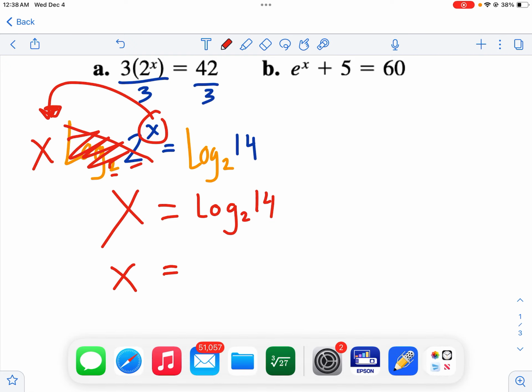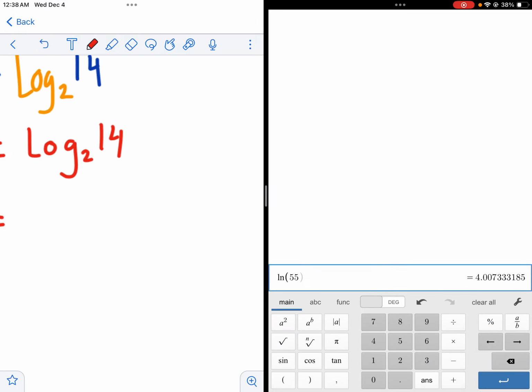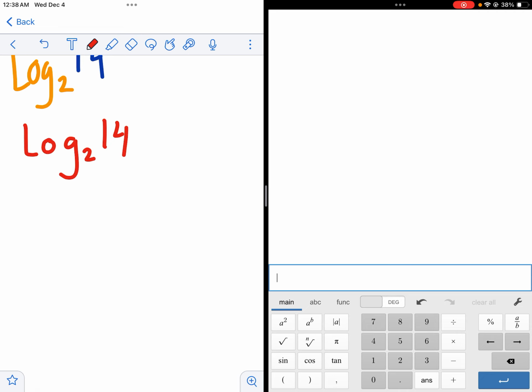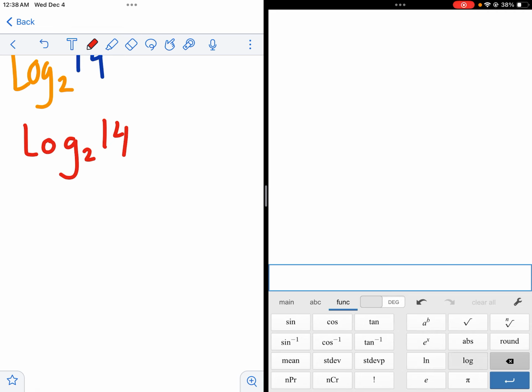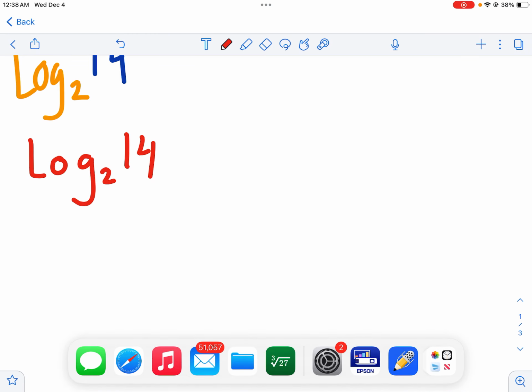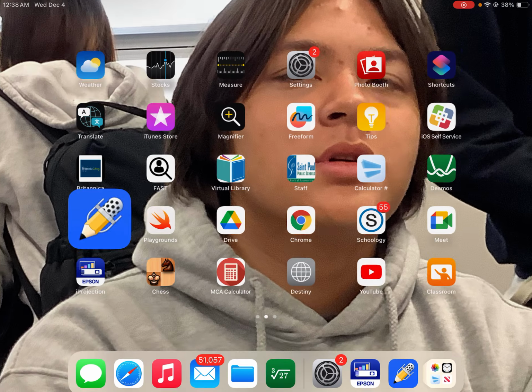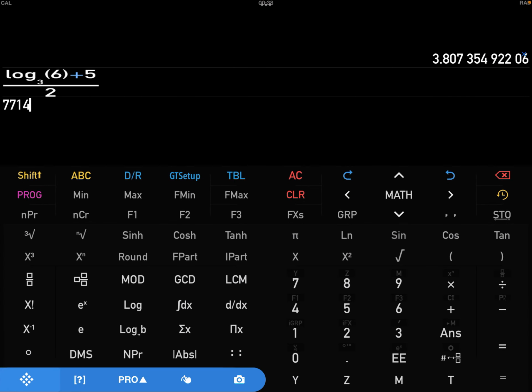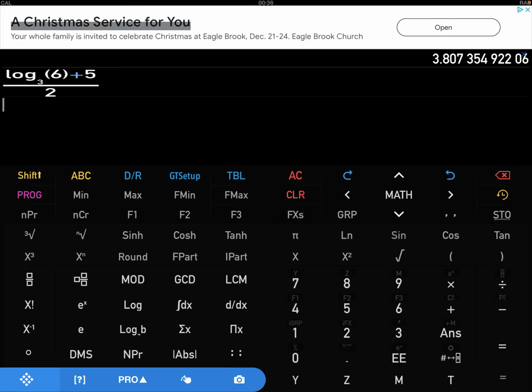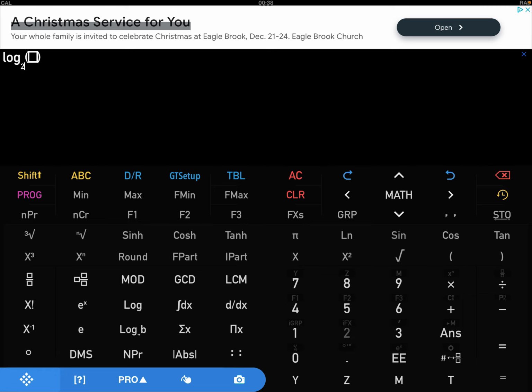So if you're using the Desmos calculator, you don't have base 14 or base 2 of log. You have a regular log base 10. If you're using a different calculator, which they no longer have on the self-service, this one you can actually do log, and then you can do base 2 of 14. That gives you the answer of 3.807. So this is the reason why we don't do a lot of changing in the base, because calculators can do it now.